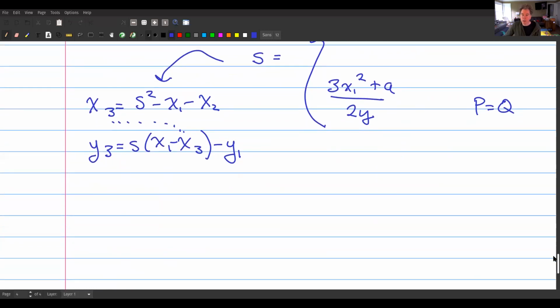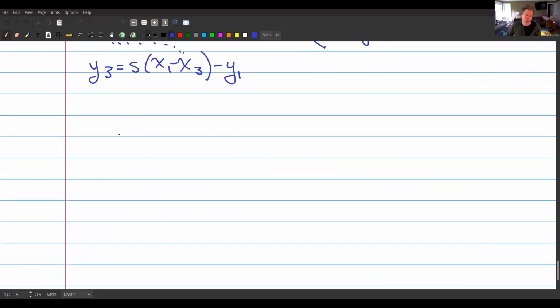Now you might wonder, that's all fine if you're looking at the solutions to y squared equals x cubed plus ax plus b. But what if you're working in ZP star, where a and b are integers in ZP star, and you're looking for all the pairs of elements in ZP star that satisfy this equation?